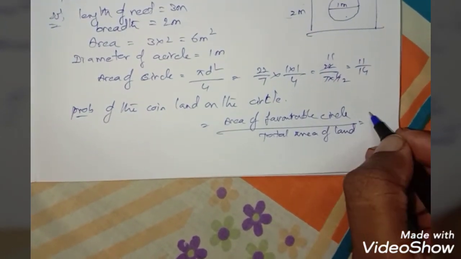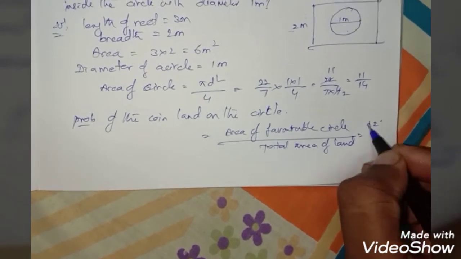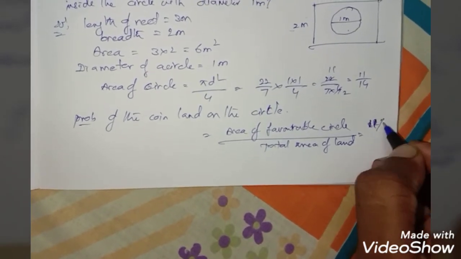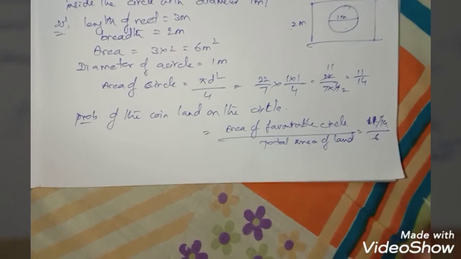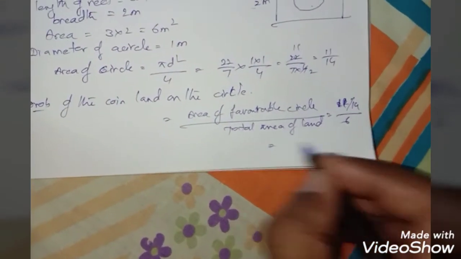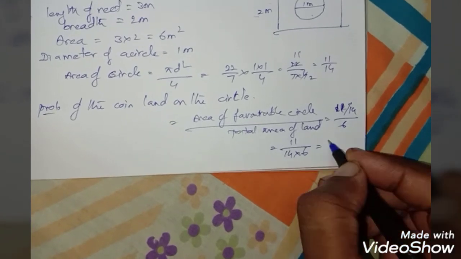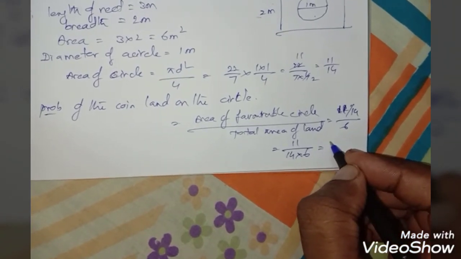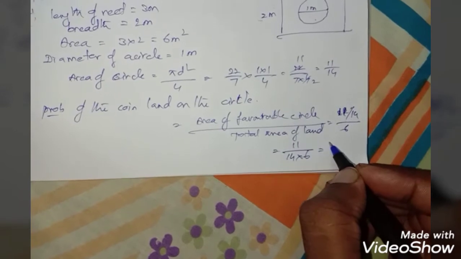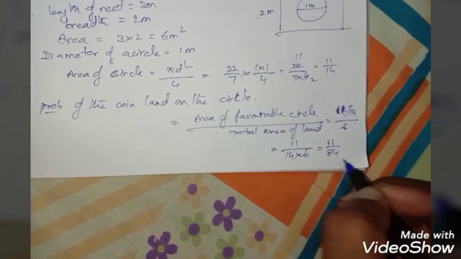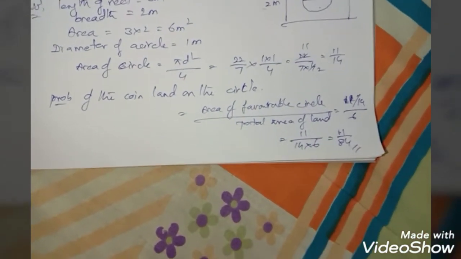So it's nothing but 11 by 14 divided by the total area, which is 6. Now you can write this as 11 by 14 into 6. Can I cancel? No. So we get a total of 11 by 84. So this is our answer.